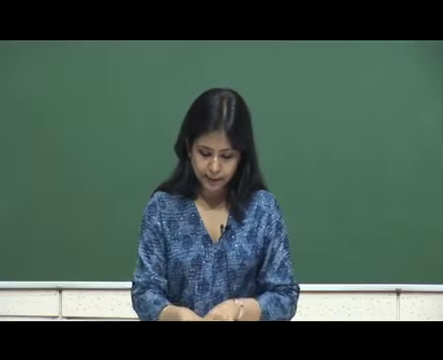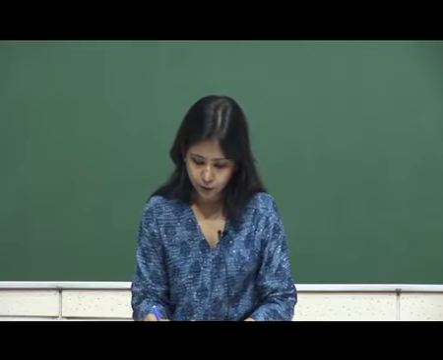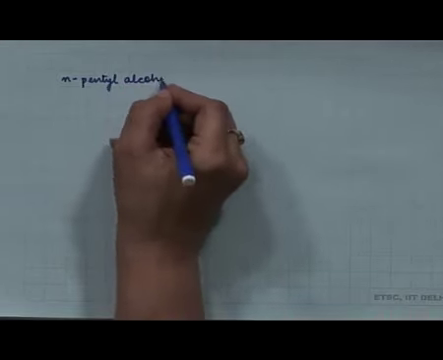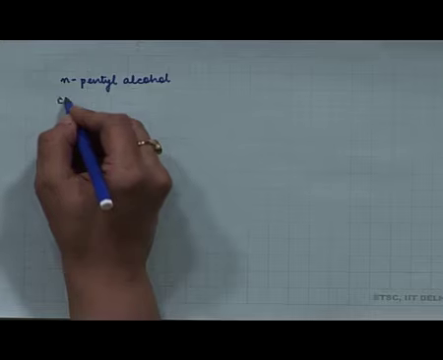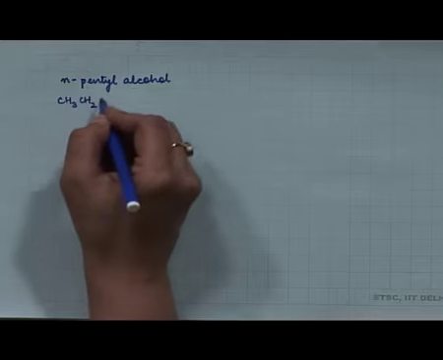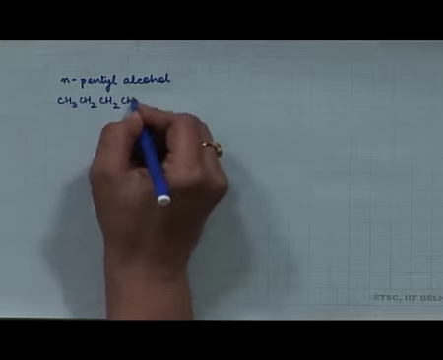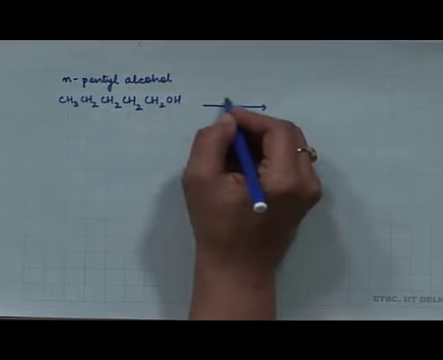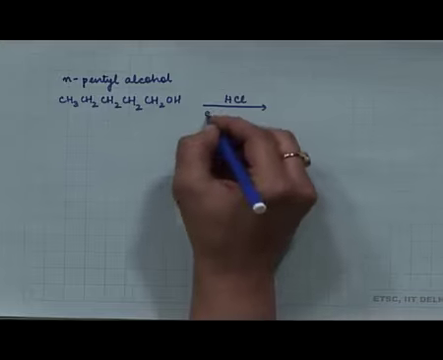Let us see a few examples with which these halogen acids are able to substitute. I will take a few examples. You take N-pentyl alcohol, which is a 1 degree alcohol.